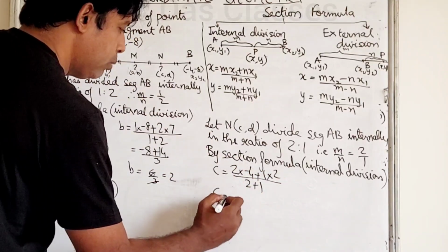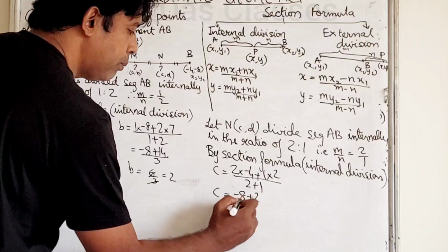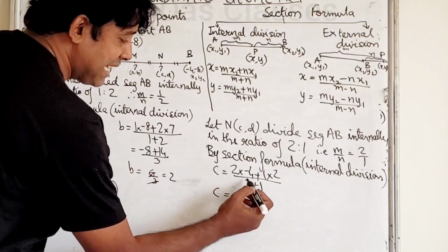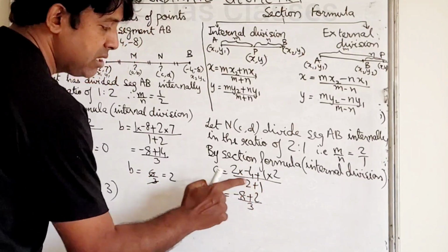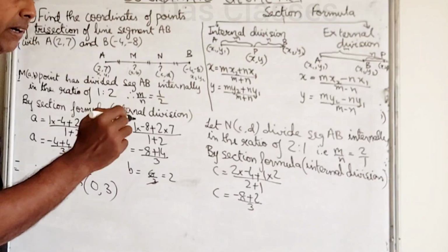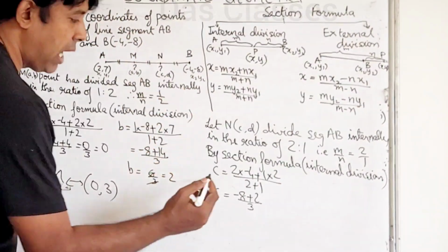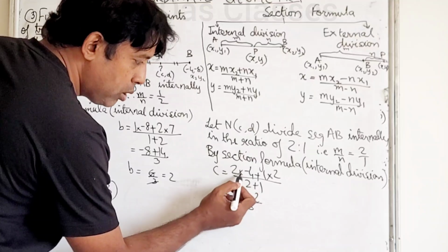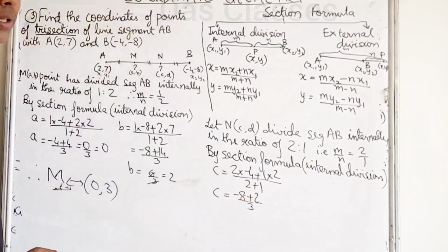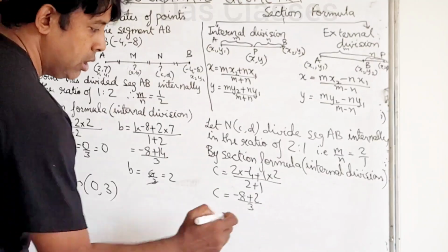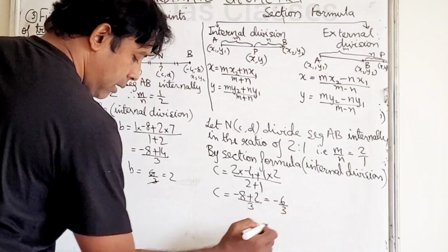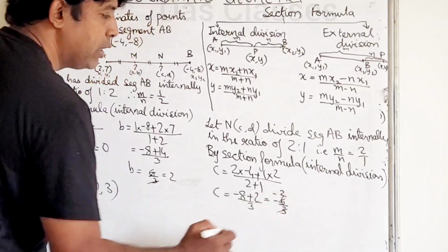So c is going to be equal to -8 plus 2 upon 3. Okay, don't sit and cancel these things because there's a plus sign. You can divide only when there's one term down, one term up. You can't divide this and this, because there's a plus sign in between. So first you need to solve it. So that comes to -6 upon 3. So that will come to -2.